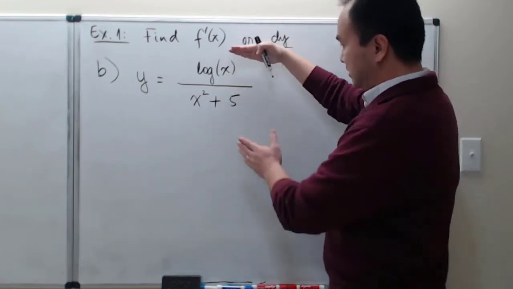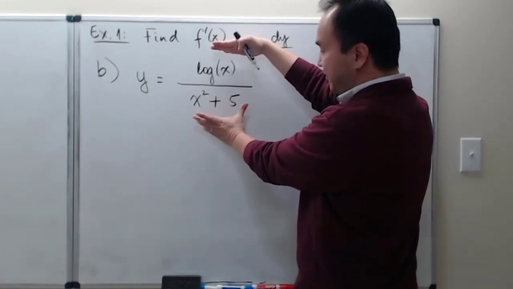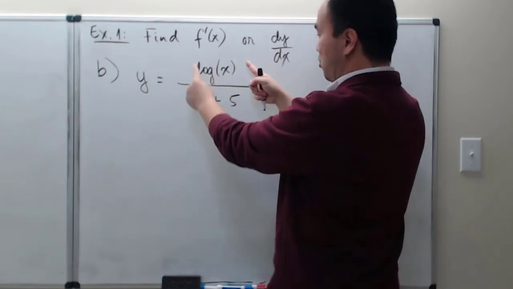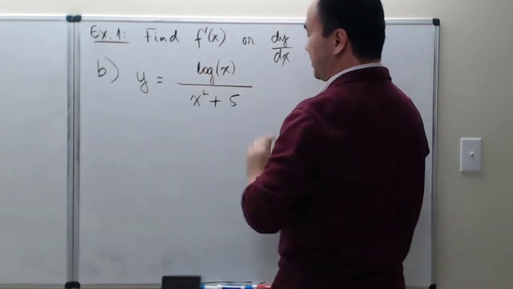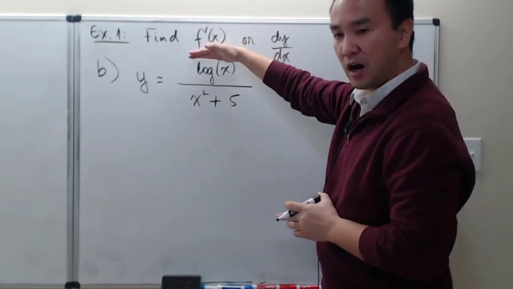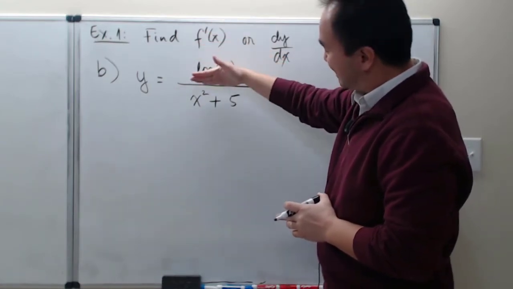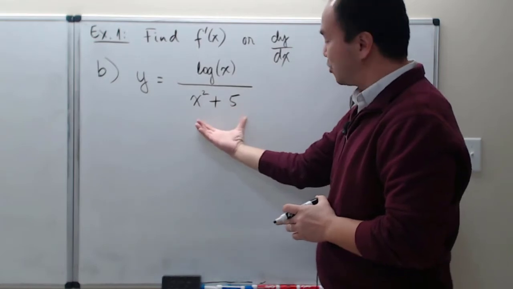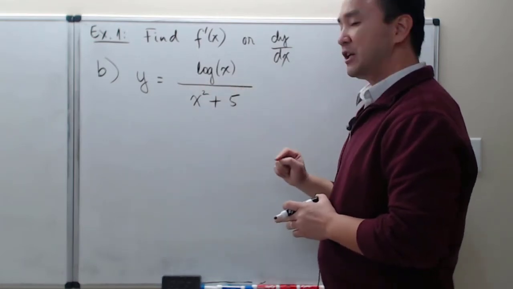The big thing that catches everybody's attention here is that we have a quotient. There's a numerator, there's the denominator right here, and inside of the quotient here, the numerator is a logarithm function, log base 10, and then in the denominator we have a polynomial.